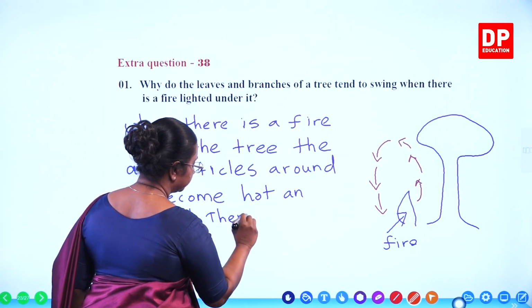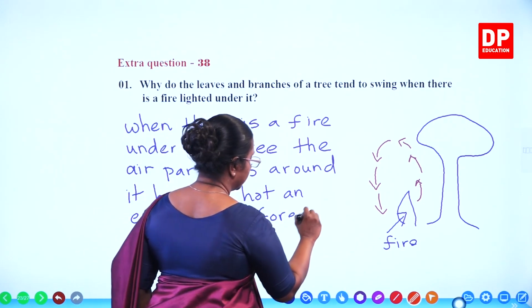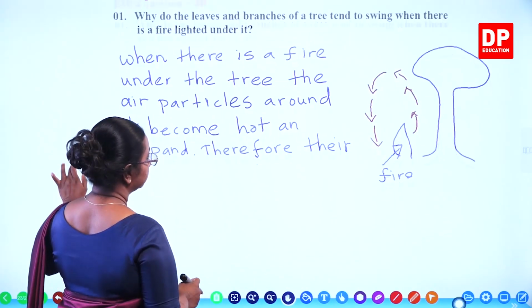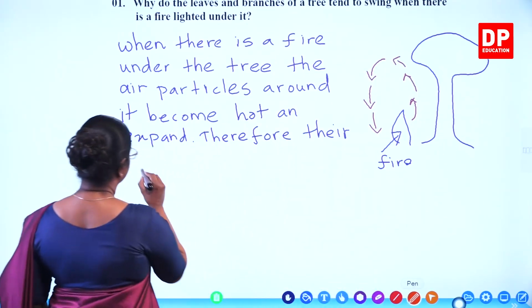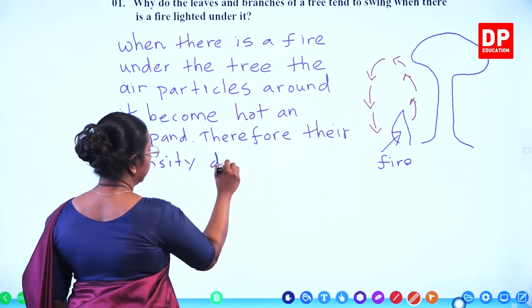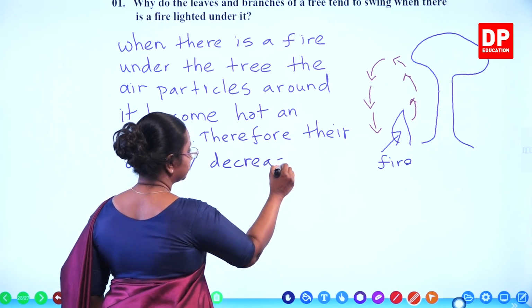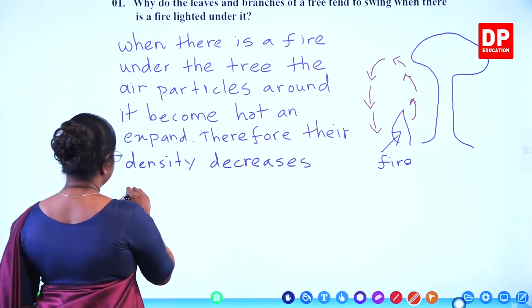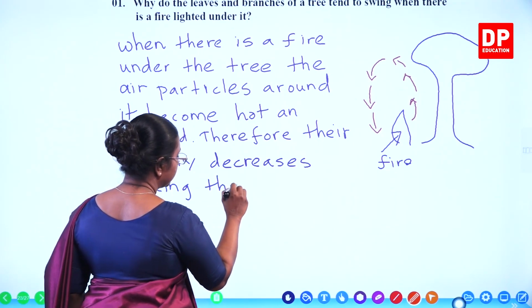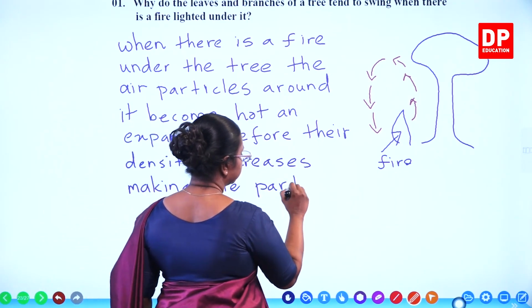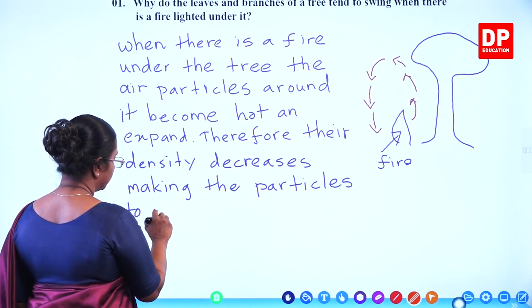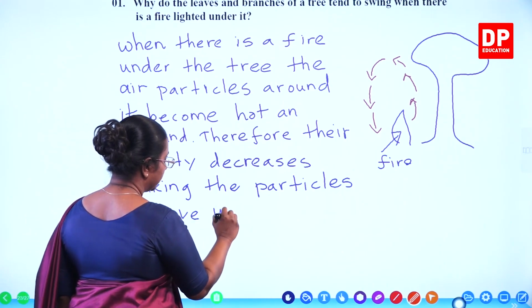Therefore, their density decreases, making the particles move up.